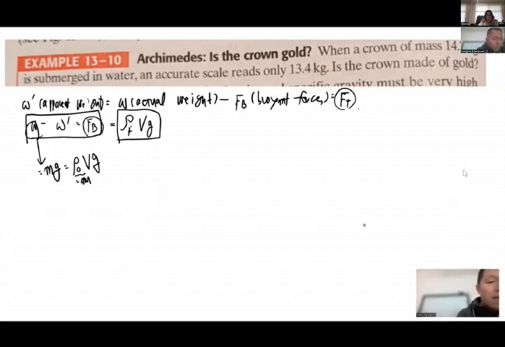If you plug that in, the equation should be W over W minus W prime, the ratio between the actual and apparent weight, which is basically rho naught V g over rho F V g.